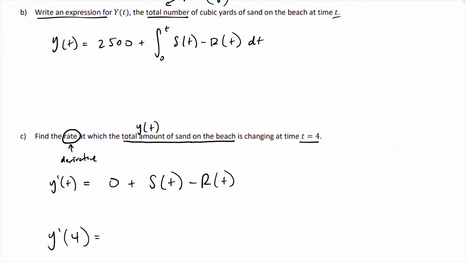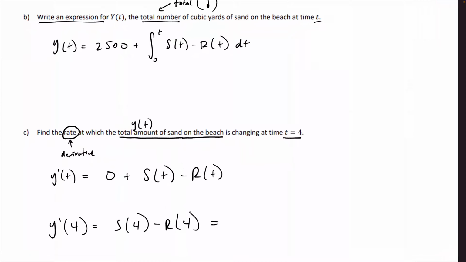So that's y prime of t. Now we can plug in 4. S of 4 minus r of 4. So now go to your calculator, plug in S of 4, plug in r of 4, subtract them. What do you get?